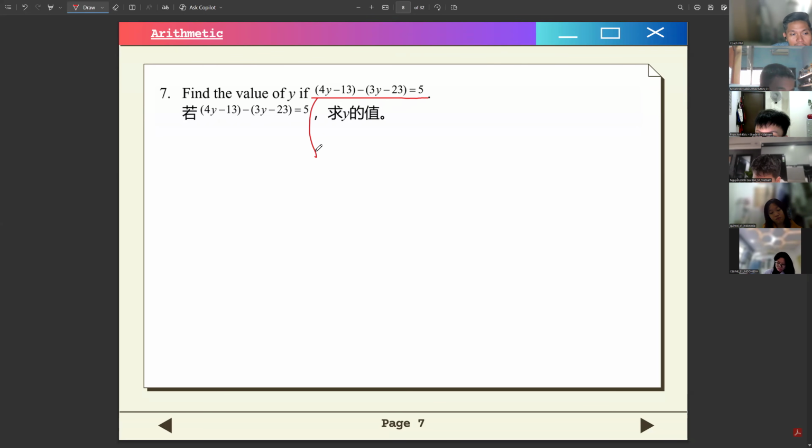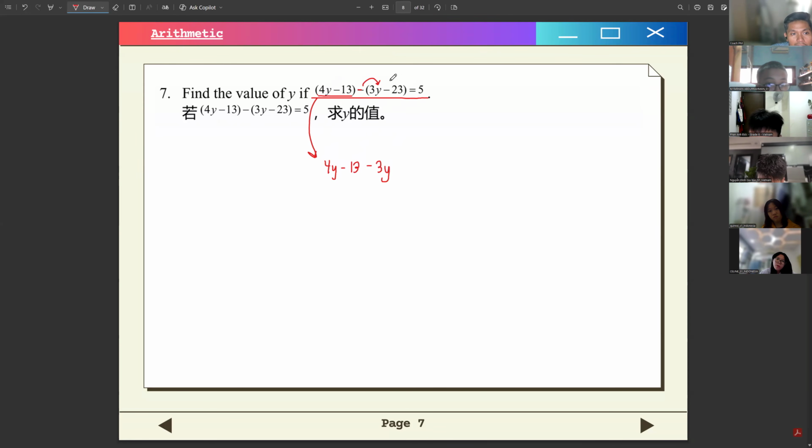So let's simplify the equation. We have to take them out of their parentheses. So this first group, you can just take this out directly, right? Meanwhile, for the second group, you have to distribute the negative sign, right? So the 3y becomes a negative 3y.